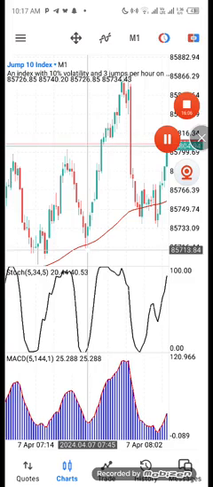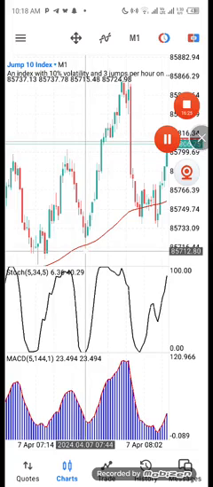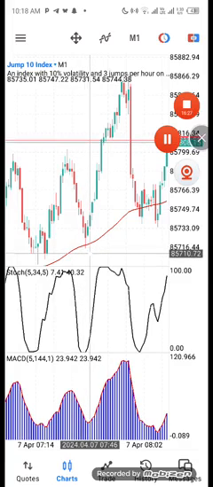Now if you look at this, the conditions now: the price is above the linear weighted moving average 144, and on our MACD, bars are above zero level, and the third condition is it touches zero and reverses back up. So you pick your five candles.